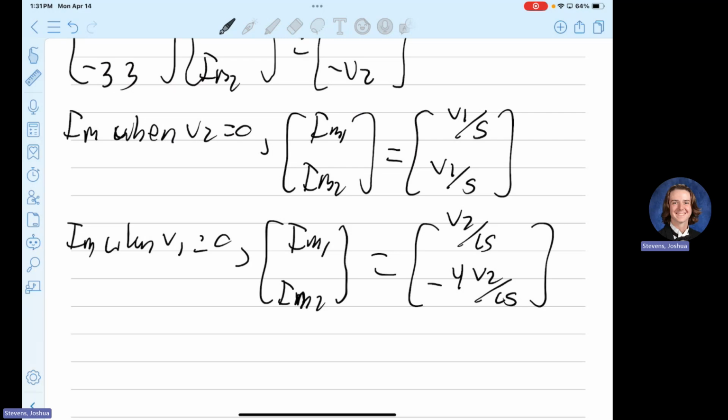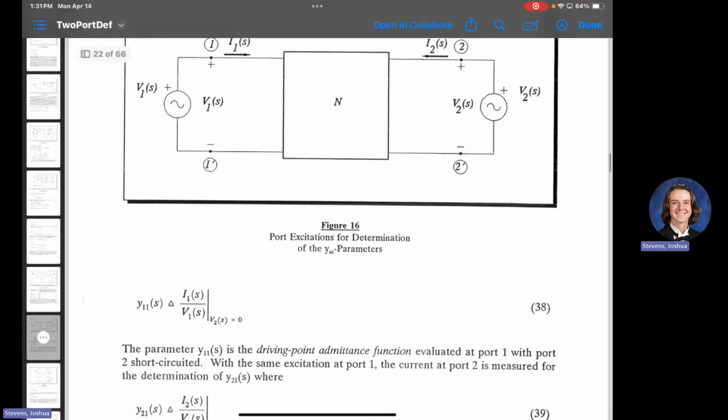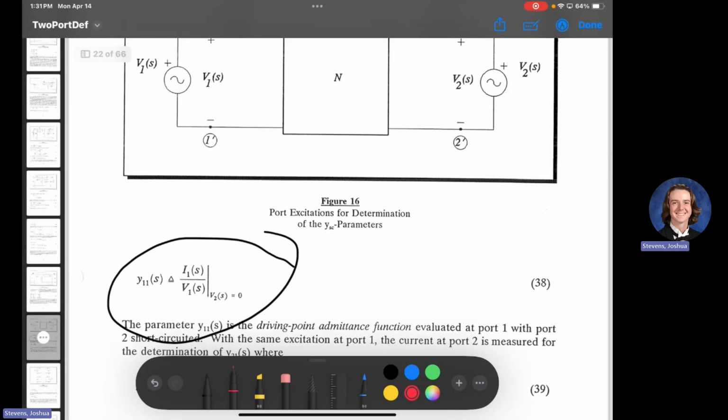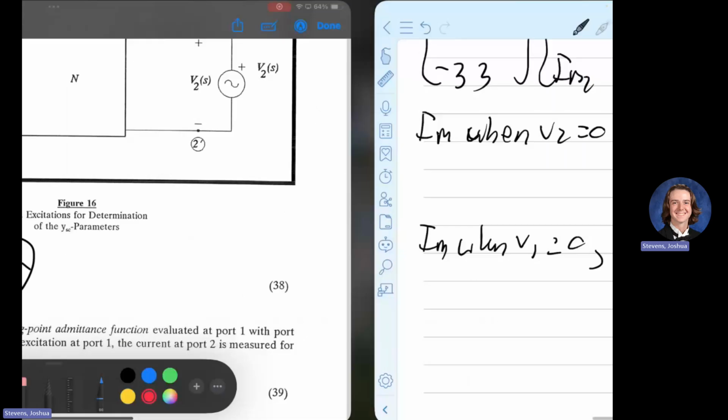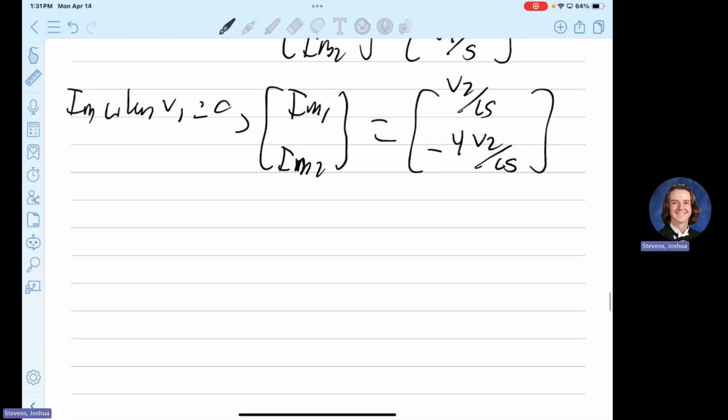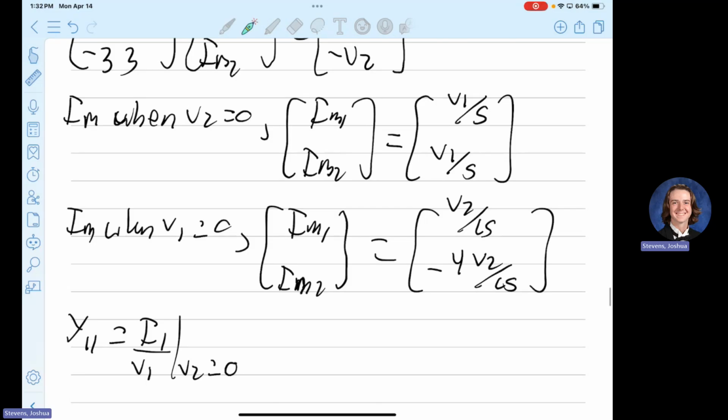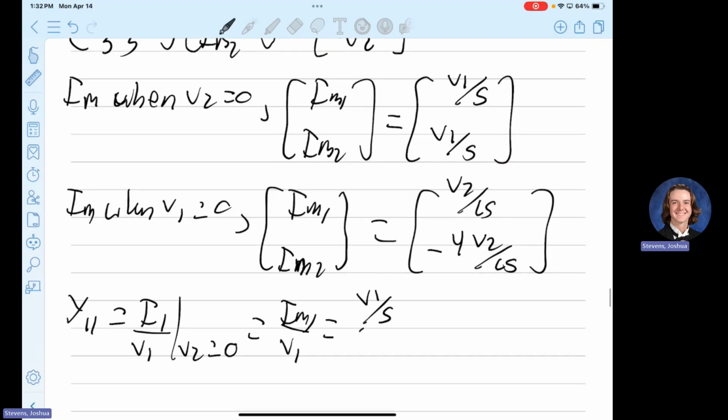Okay, so as given by this formula here, Y11 equals I1 over V1 when V2 equals 0. So I'm going to be looking at these here. That then becomes IM1 over V1, which then becomes V1 divided by 5 over V1. So that means Y11 equals 1/5 Siemens.